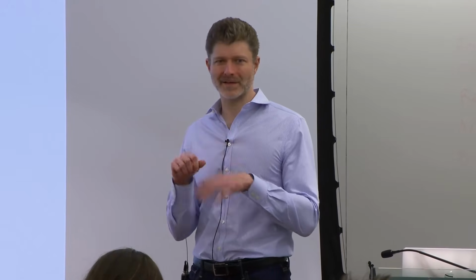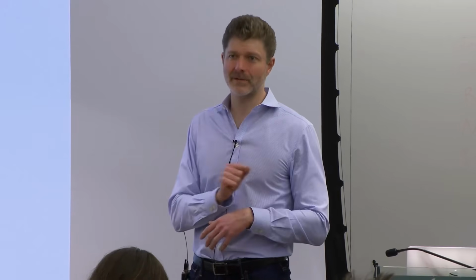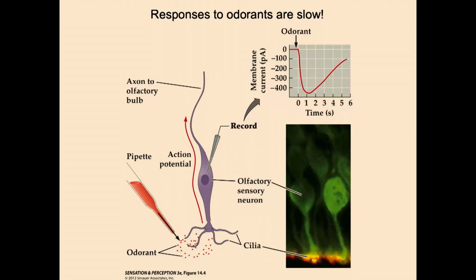And it's slow presumably in part because the signal itself is probably very smooth in time. Odorants are there in the air, and you can't just instantly get rid of an odorant, right? The stimulus is dependent on airflow, and that makes it temporally sluggish. And so that's probably why this is the way that it is.